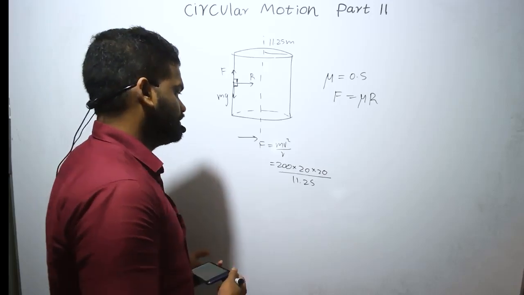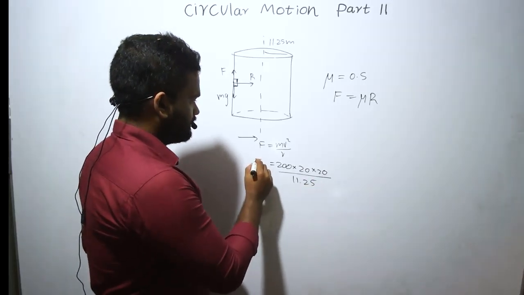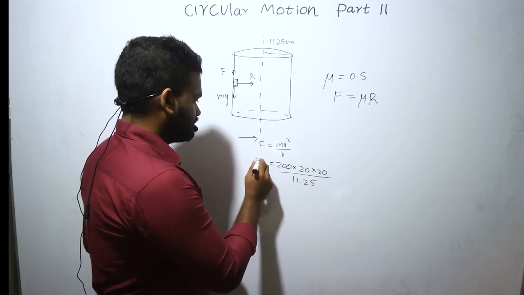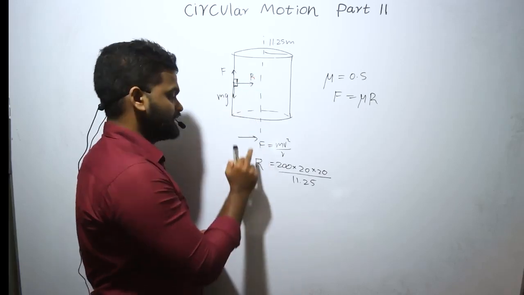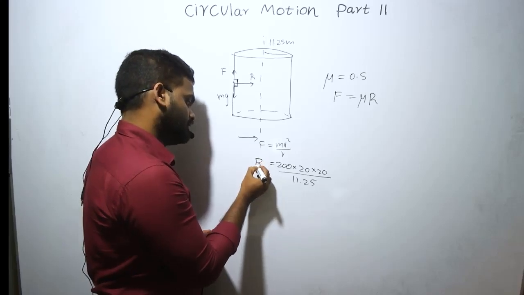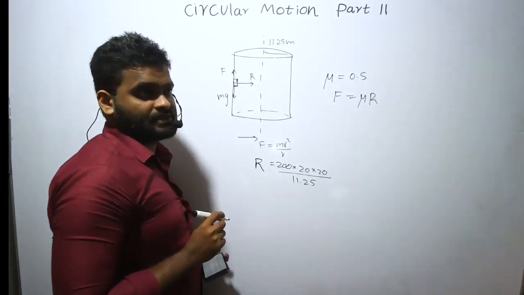Okay, 11.25. So this is not F, it is R, right? Towards the center you have the normal reaction force, that is capital R. Not F, right? Towards the center you have the normal reaction force.